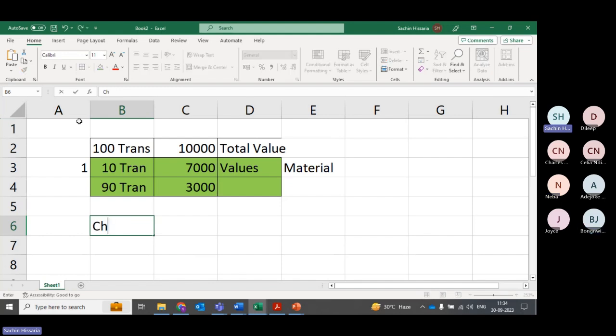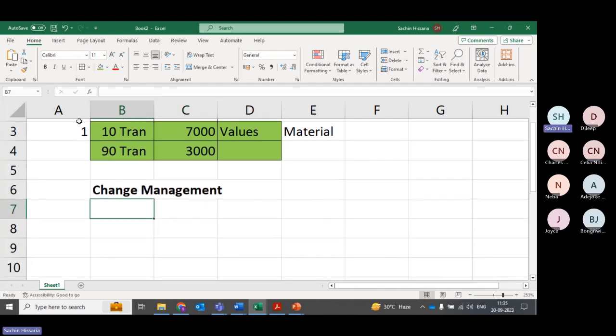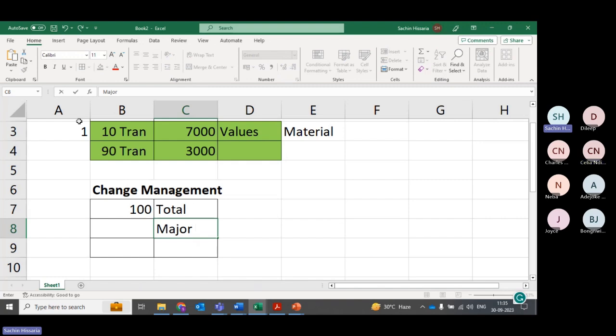Suppose you are doing an audit of a change management process. You are auditing the process of change management. Now in the change management, suppose during the audit period, a total of 100 changes were done. Out of those 100 changes, the organization has classified those changes into the category of major change or minor change. So basically there are 30 major changes and 70 minor changes.